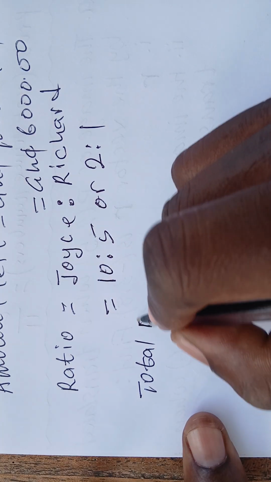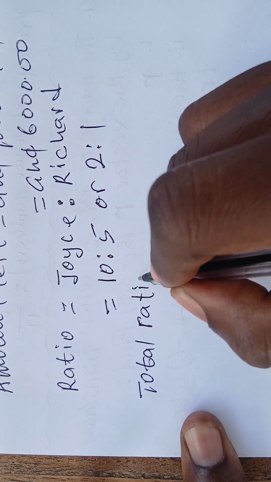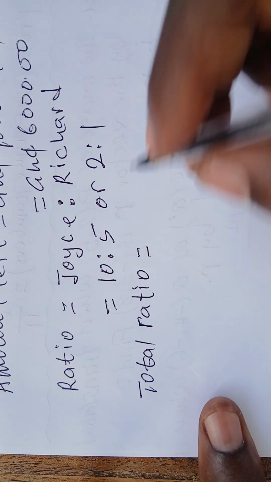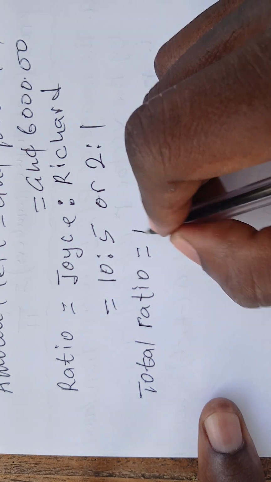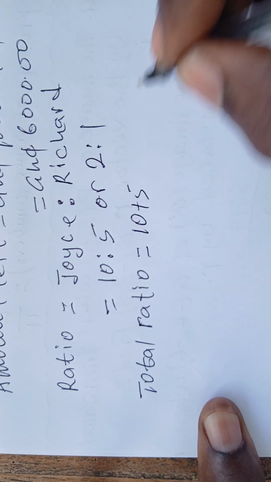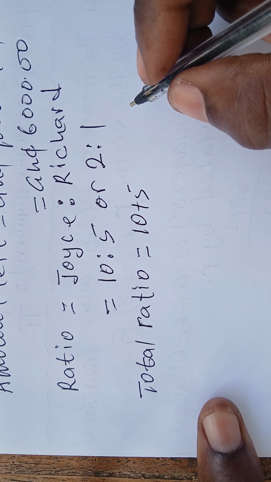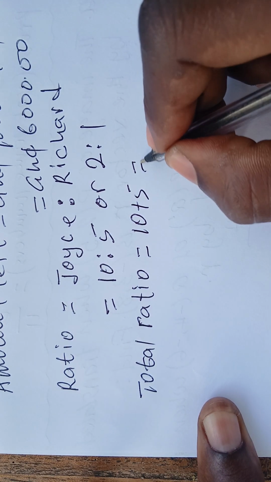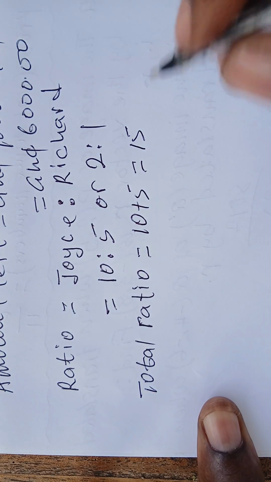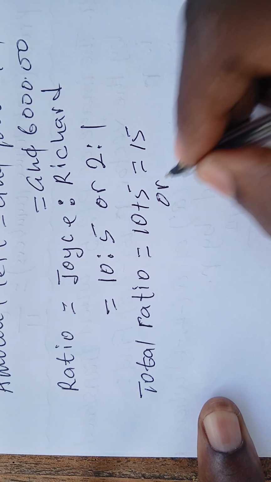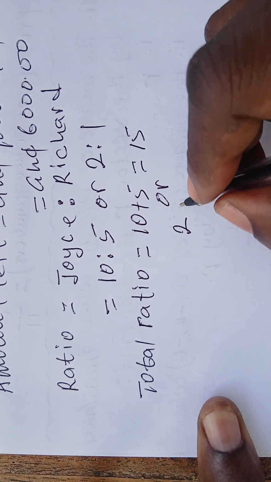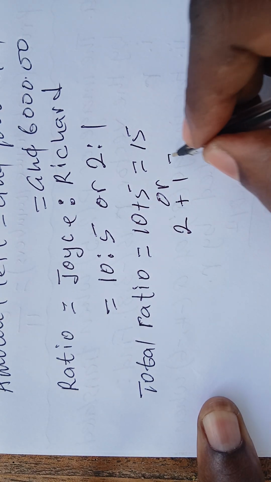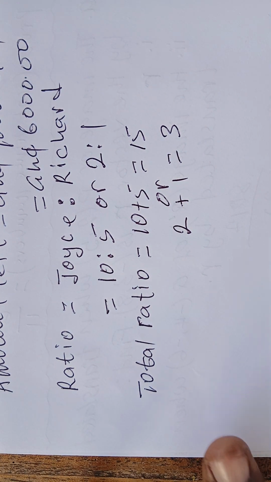So the total ratio is equal to either 10 plus 5, which is equals to 15, or 2 plus 1, which is equal to 3.